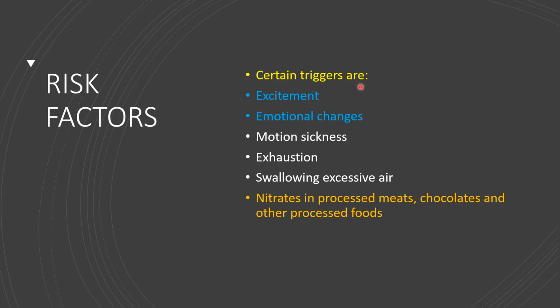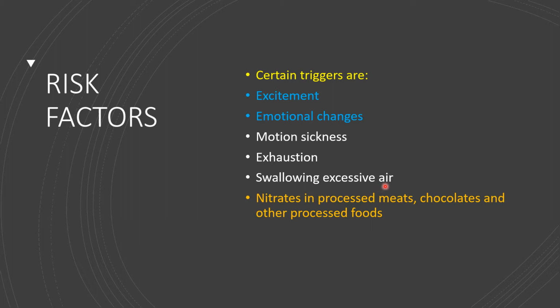Other triggers could be excitement. You are too happy, but how are you going to tell somebody not to be happy? But you understand what over excitement could be? Emotional changes, motion sickness, exhaustion. That's why when you have migraine, you just do everything moderately. When you overwork yourself, you're in trouble. When you can't sleep, you're in trouble. Swallowing excessive air.